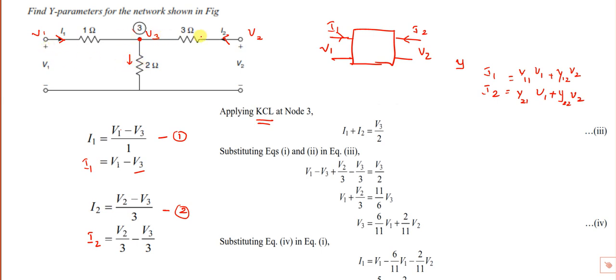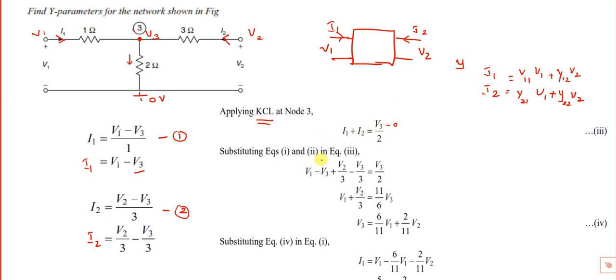So I1 plus I2 is equal to this current. If you take the reference node, this is 0 volts. So I1 plus I2 equals V3 minus 0 by 2. See the diagram: I1 plus I2, both currents will be added and come down, and this potential is 0, the reference node. The 0 is not written here; if you want, you can write it here.